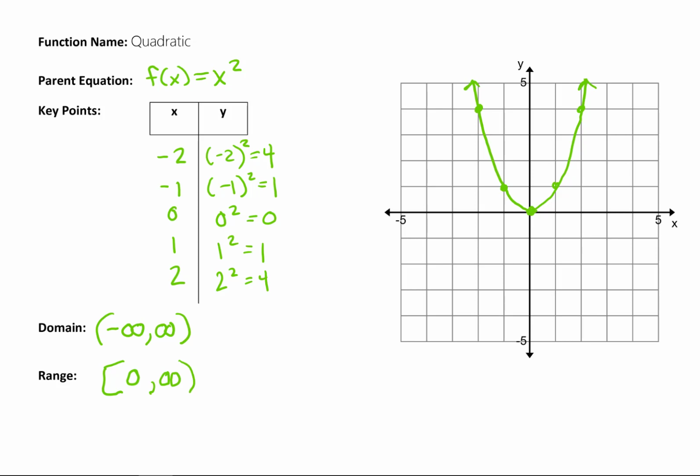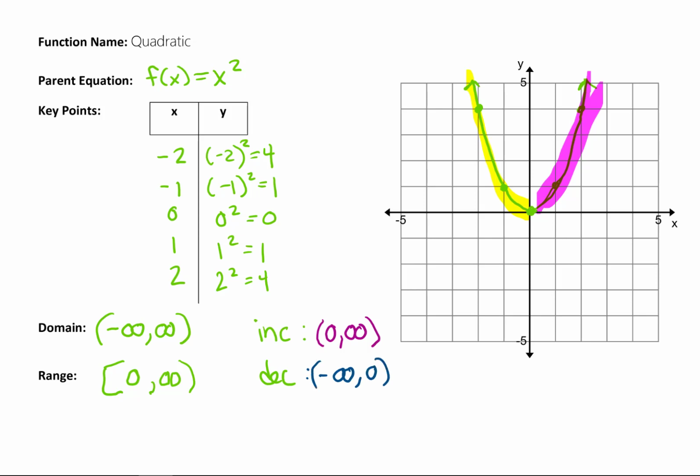You may be asked to identify other characteristics such as increasing and decreasing. So if I asked for increasing, that would be on the right-hand side of this graph. So we would identify that as 0 to +infinity, and decreasing would be -infinity to 0.